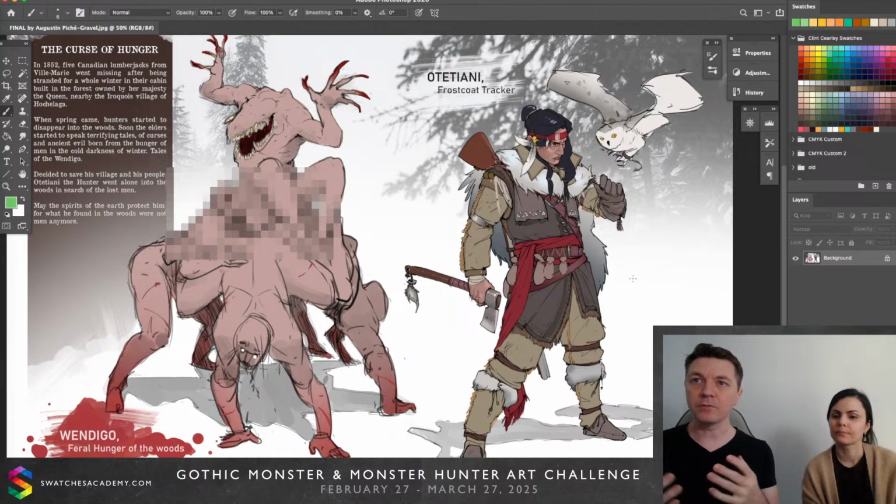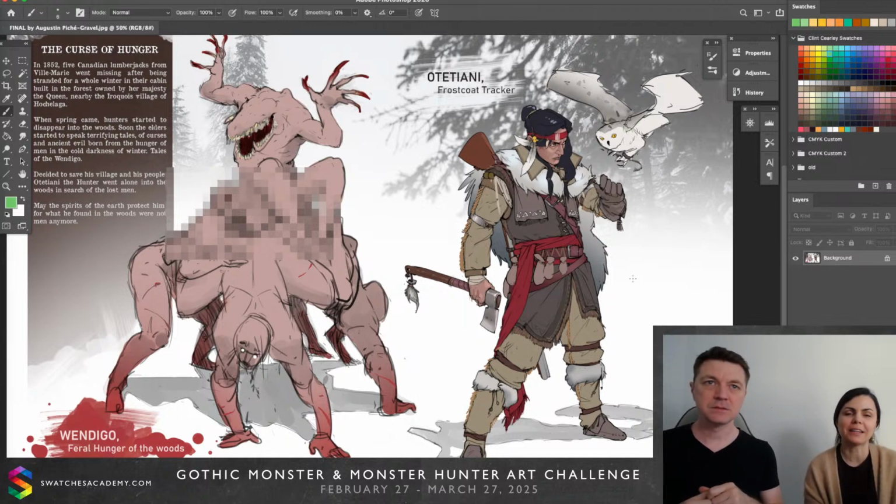And the idea of a Frostcoat tracker, I want to say that there's a Native American aspect to them, which makes sense for a Wendigo, which is generally a very northern sort of folklore creature. Feels really good.